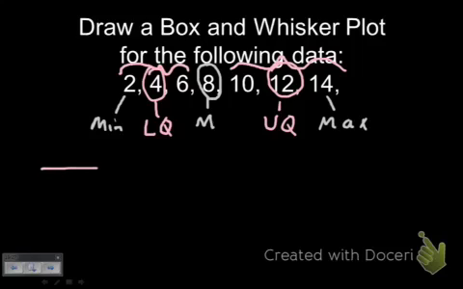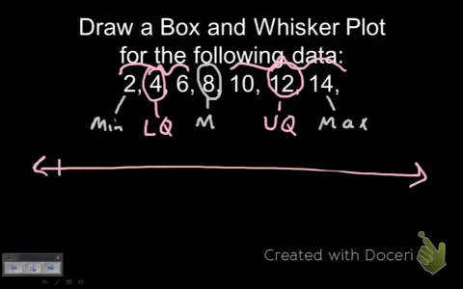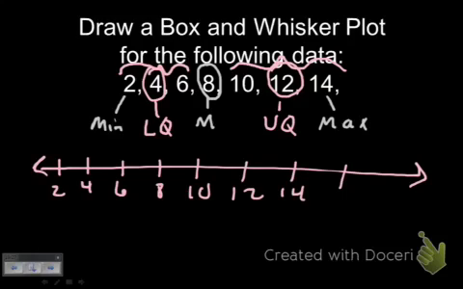So I need to make a number line first. I'm just going to go 2, 4, 6, 8, 10, 12, 14, 16. You just want all the numbers you need to plot to be in there. Okay, then I plot those.